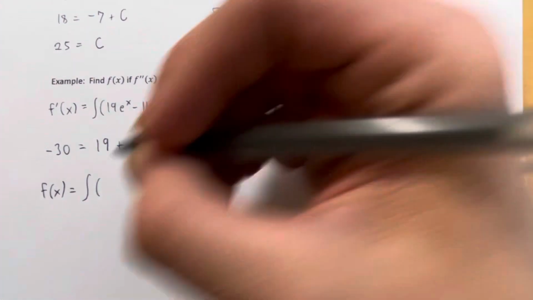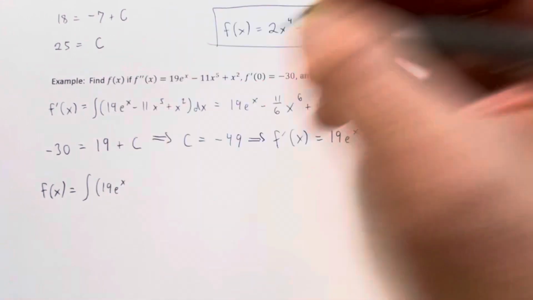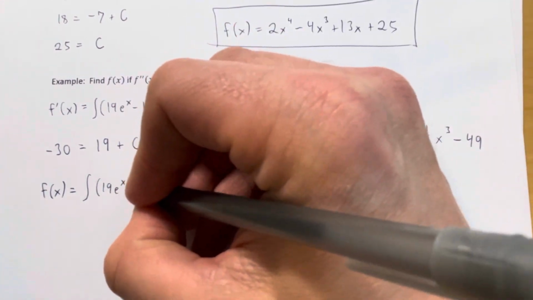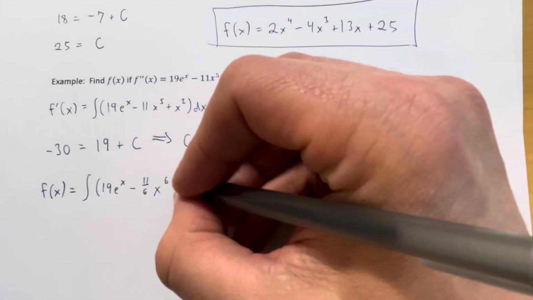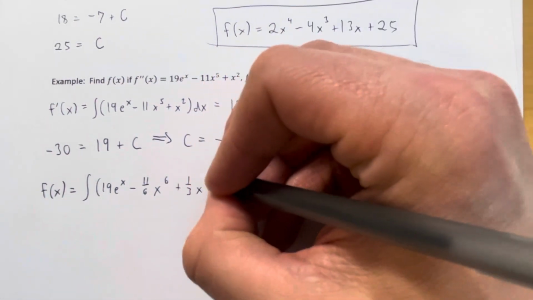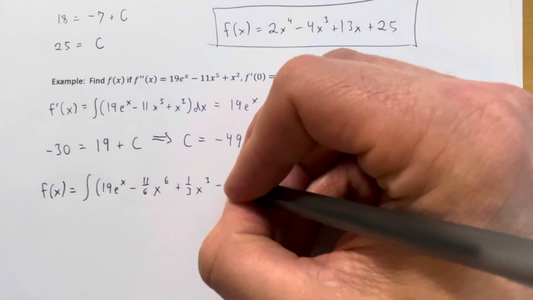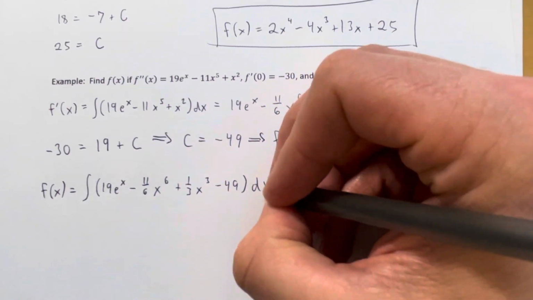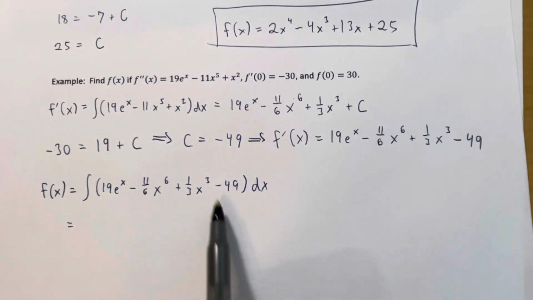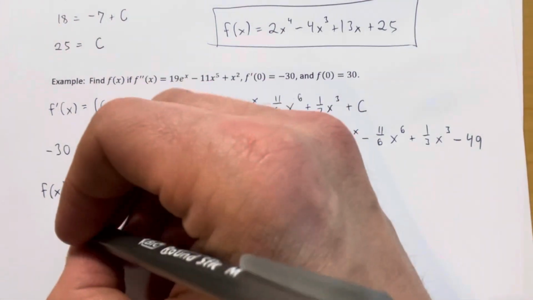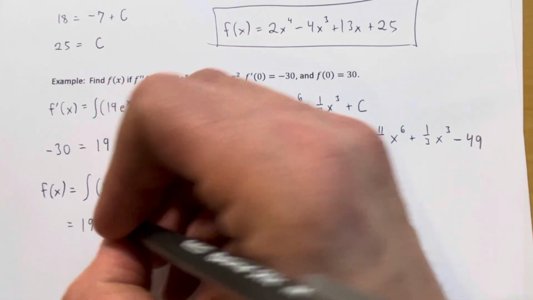The indefinite integral of 19 e to the x minus 11 sixths x to the sixth plus 1/3 x cubed minus 49 dx. And again, we can integrate this term by term. So 19e to the x is still its own antiderivative.